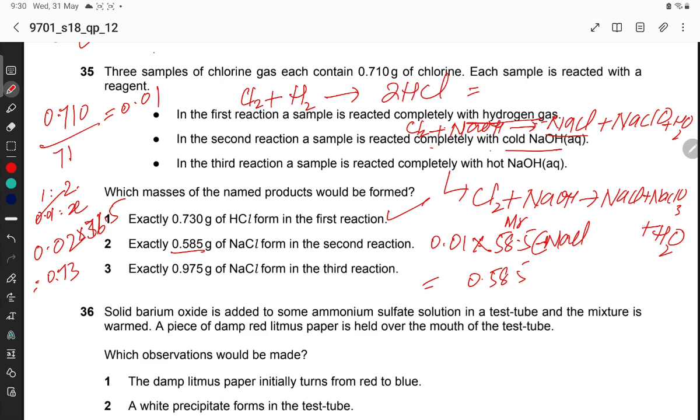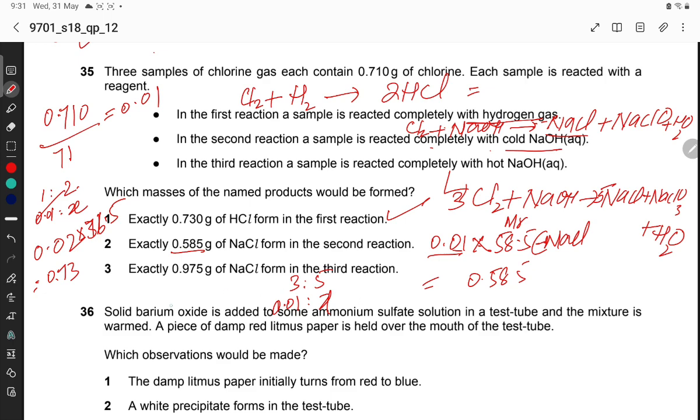So to balance this reaction, the ratio is 3:5, and this is 0.01 to x.